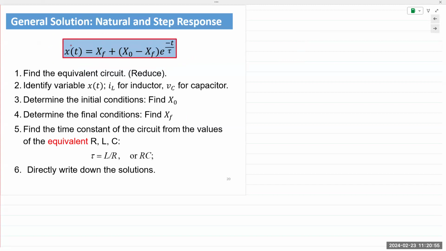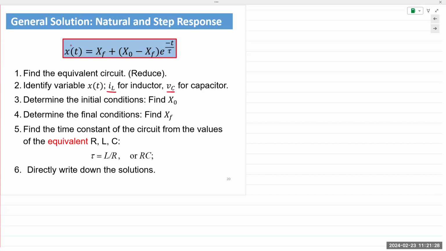X of t is given by xf plus x0 minus xf, where x as a variable can represent both voltage and current. So if it's an inductor, x is current I. If it's a capacitor, x is the voltage V. It represents IL and VC.